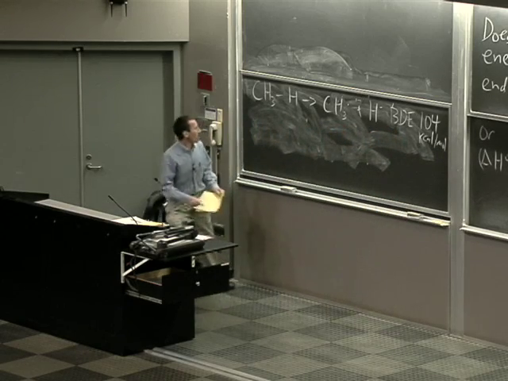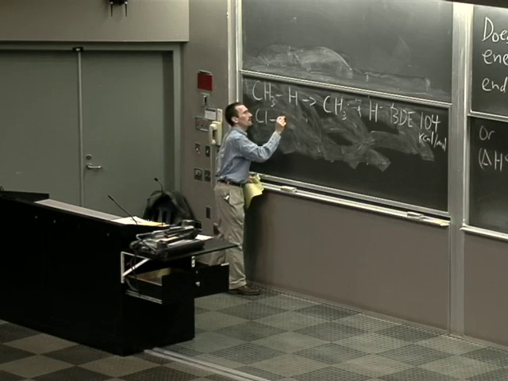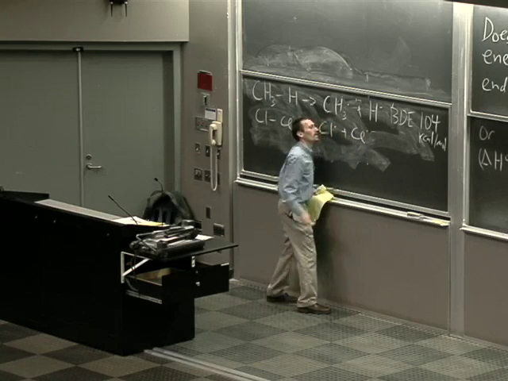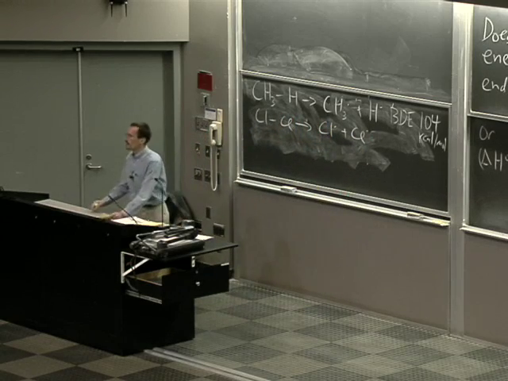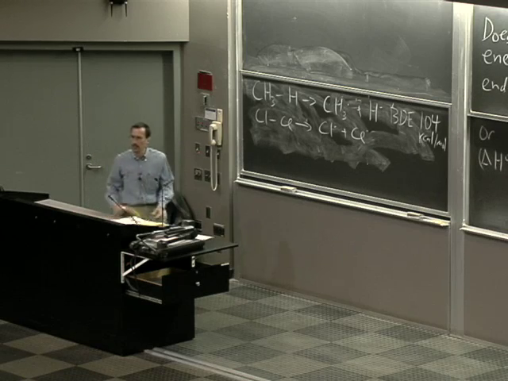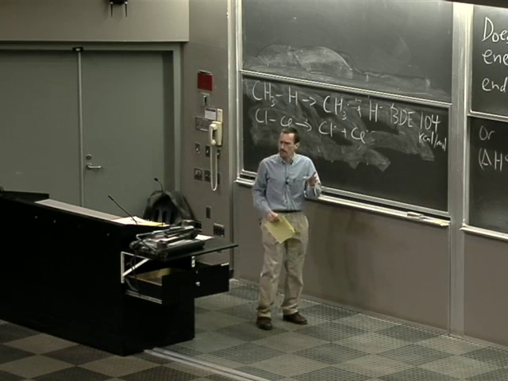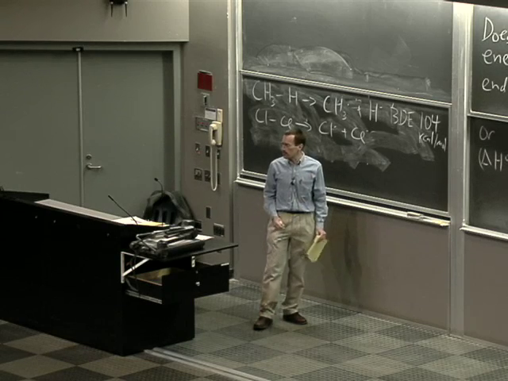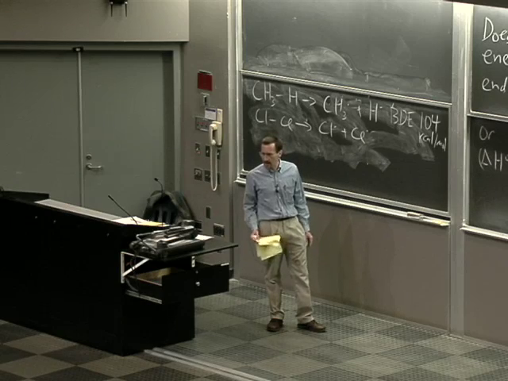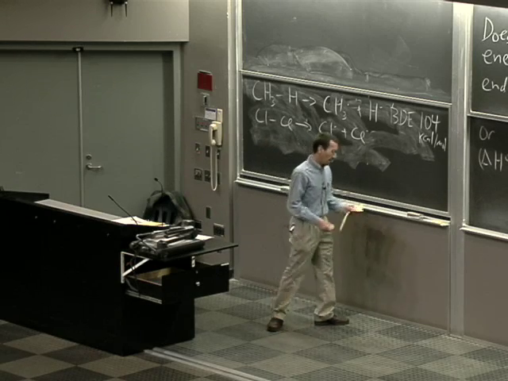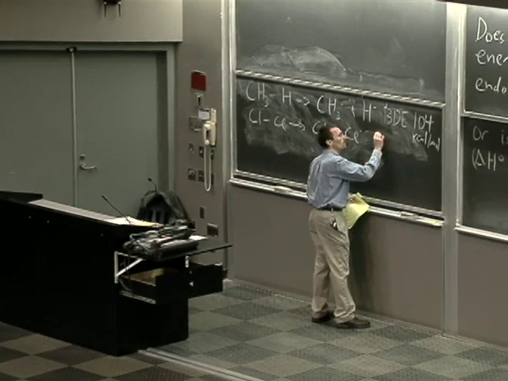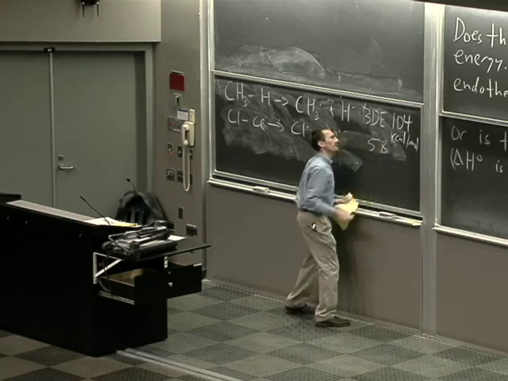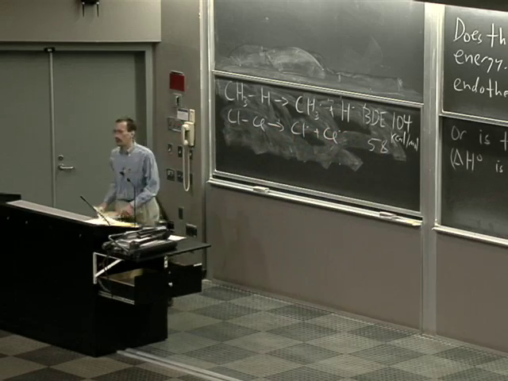Other bonds that we break: the chlorine-chlorine bond. If you look in your table on page 207, chlorine-chlorine bonds are a lot less strong than carbon-carbon bonds or carbon-hydrogen bonds. This is one of the reasons why chlorine is such a reactive gas. Bromine and iodine are as well. The bond dissociation enthalpy for the chlorine-chlorine bond is 58 kilocalories per mole.